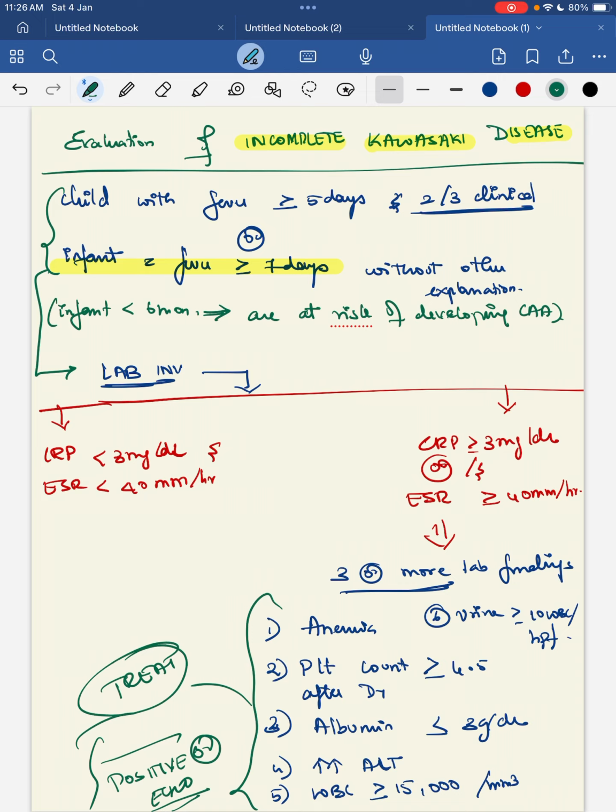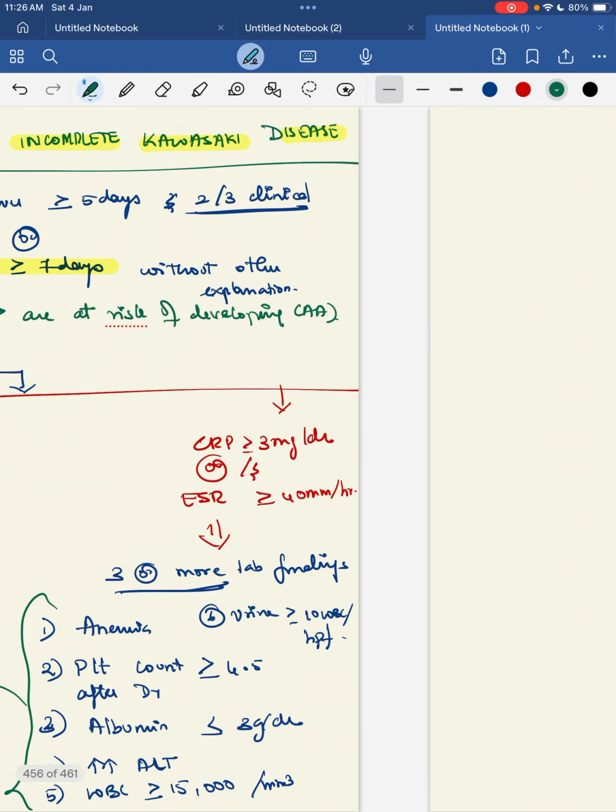That is, first, when the Z score of your left anterior descending coronary artery or your right coronary artery is more than or equal to 2.5.